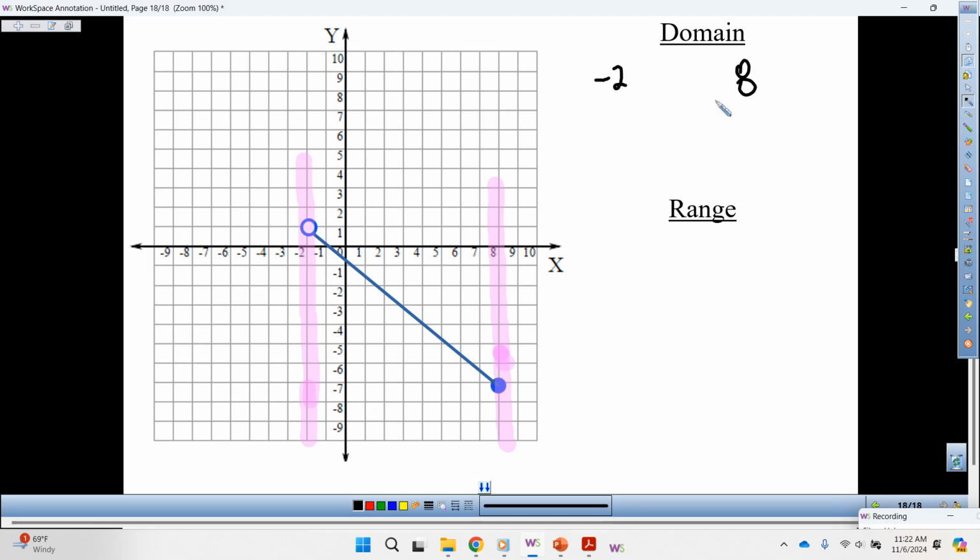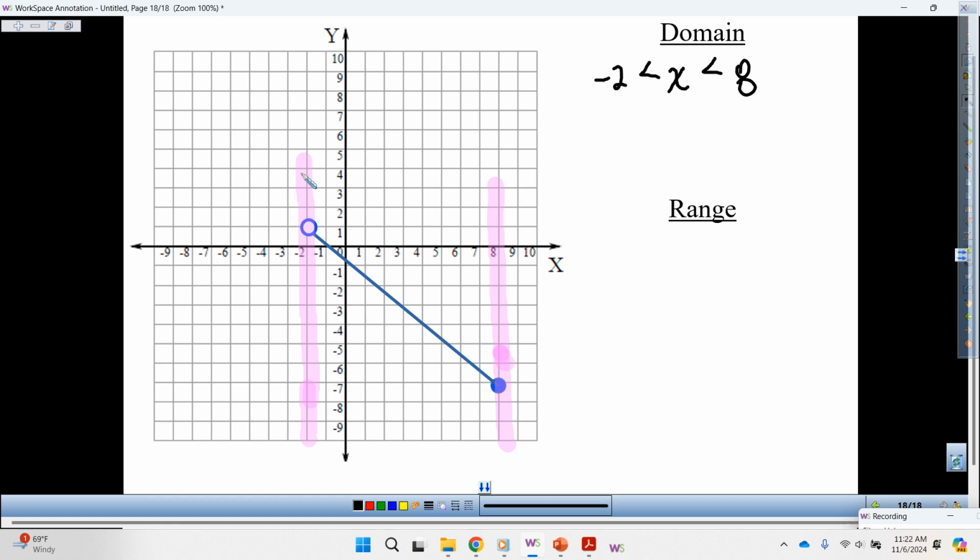So what do we write in between, everyone, for domain? What value? X, because we're on the domain, right? Arrows to the left. And then you check which point is an open point and which one is a closed point.